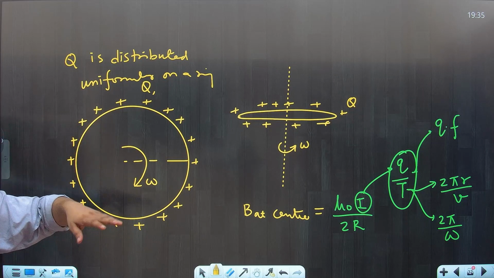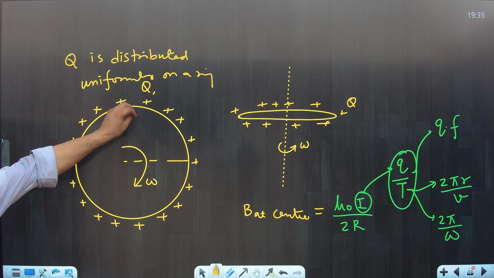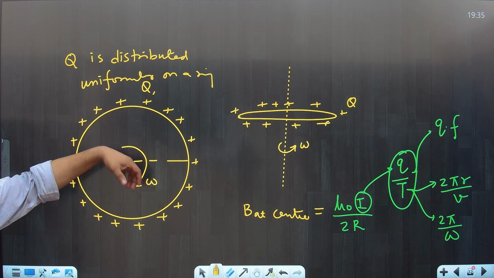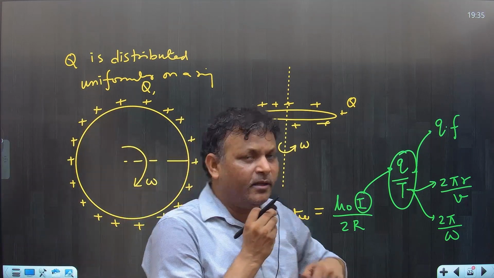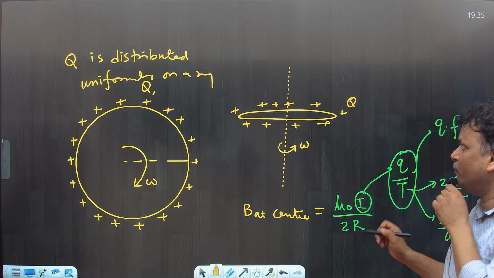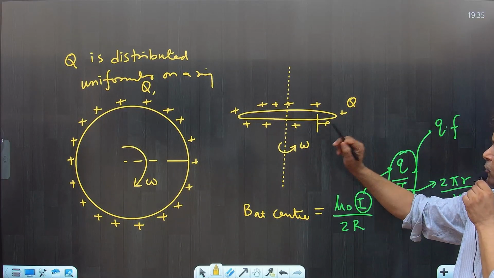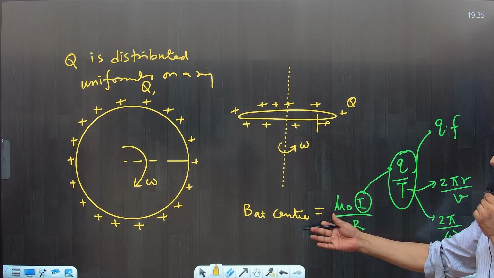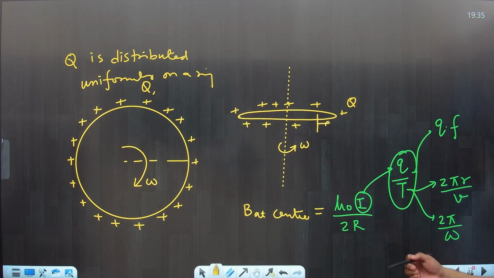It doesn't matter whether charge q is situated at a point or spread out; in one time period T, in one revolution, charge Q is passing through one cross section. So you will again use the formula B at center is mu naught I by 2r.